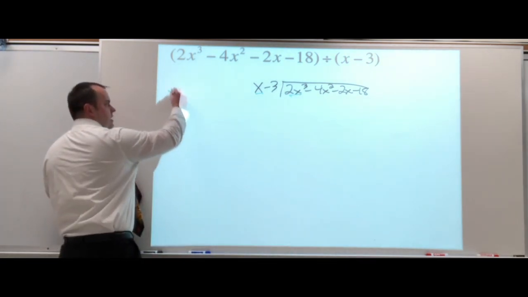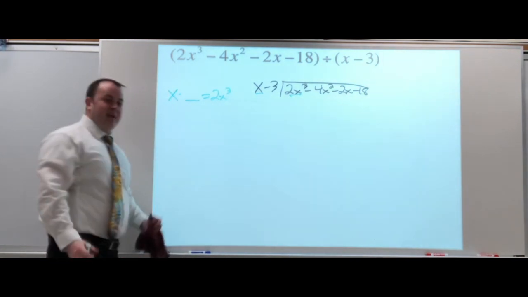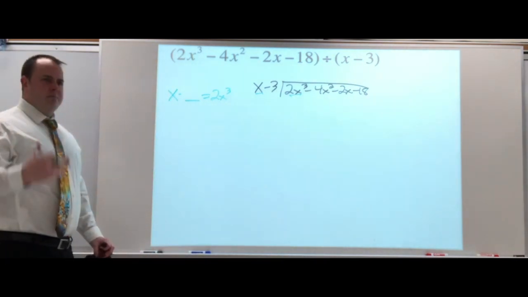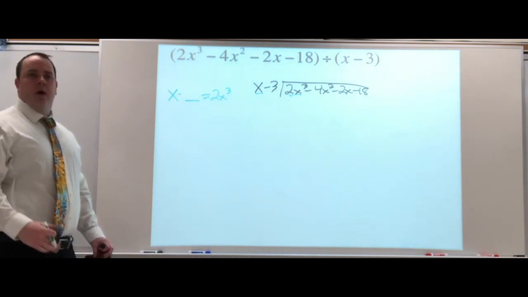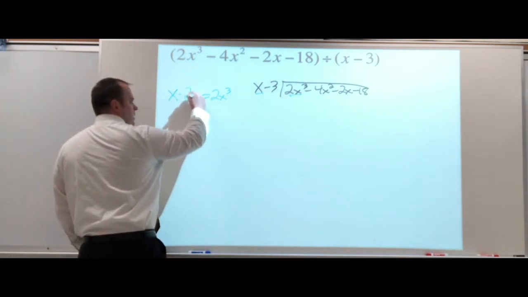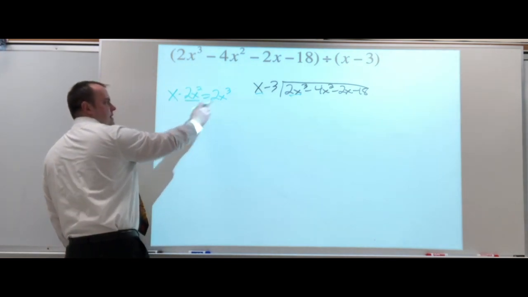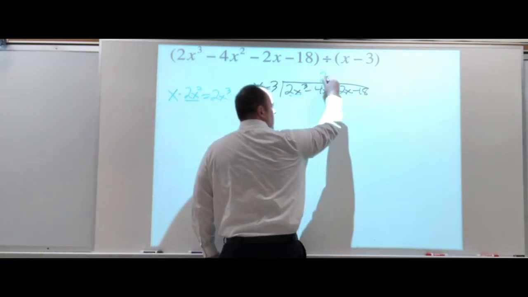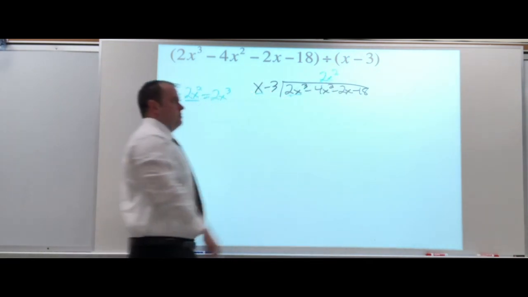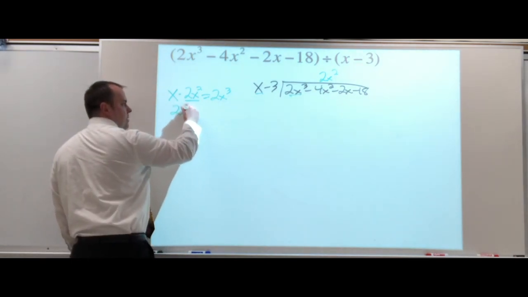Over on the side here, x times what gives me 2x cubed? Okay, so again, you just need to think, x times what is going to give me that value? So x times 2x squared, okay, x times x squared gives me x cubed. So that works out. Put it up top again, two terms on the outside, so I'm going two terms over. I might have to do my distributive property.